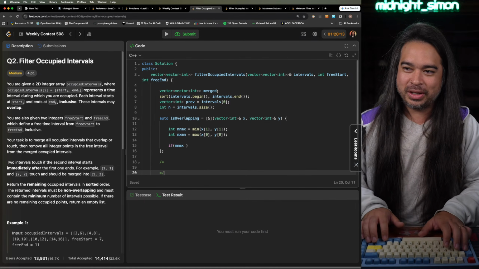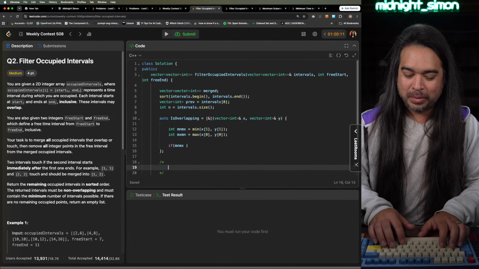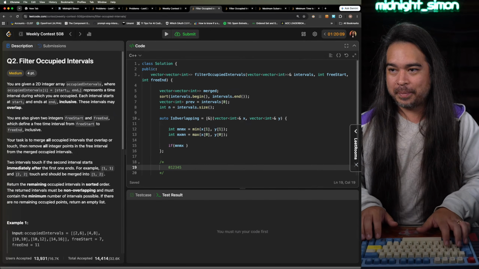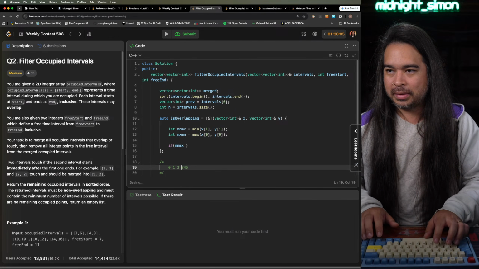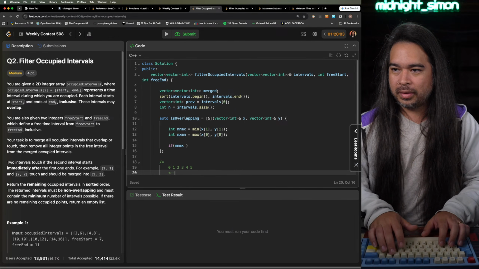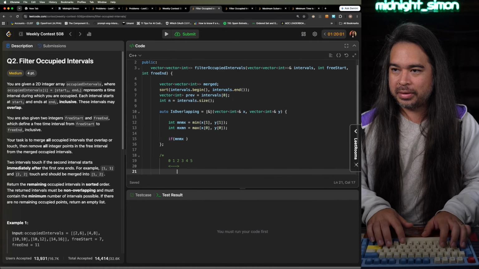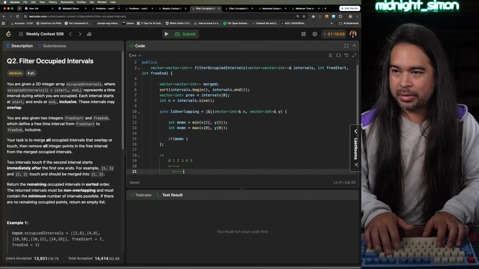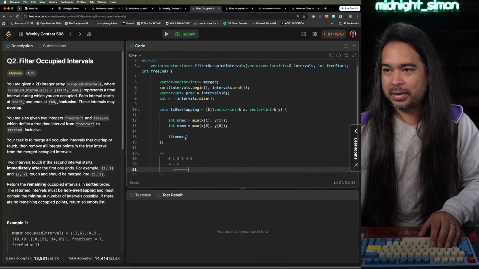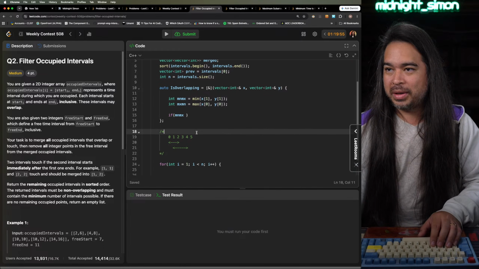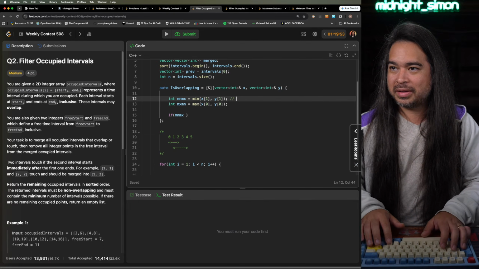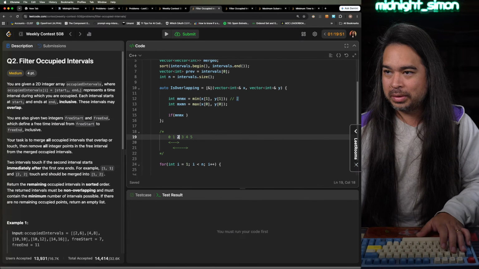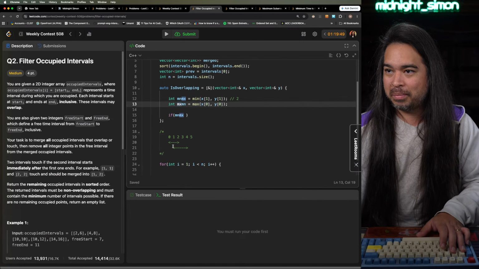It's been too long. So if I have 2 intervals, oh Jesus, one goes from there and one goes from there. So the min of the max is 2, and the max of the mins is 1.